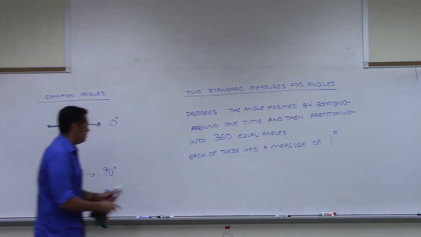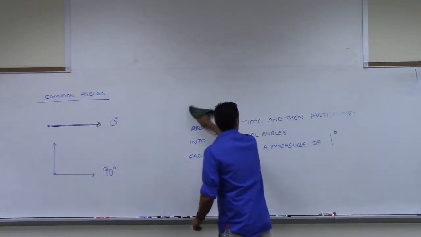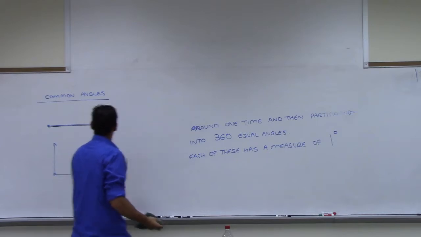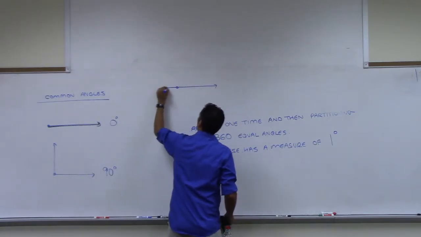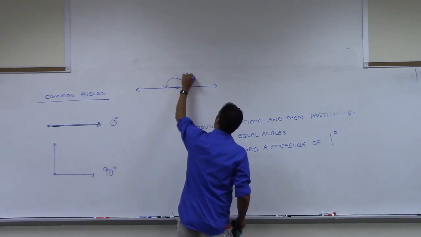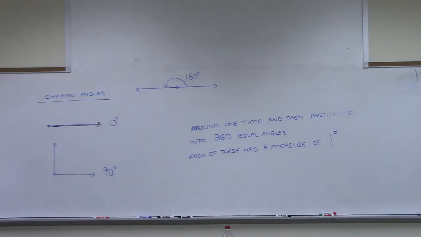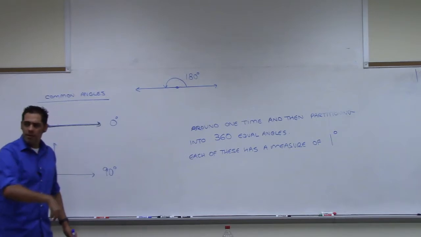And then the next one, 180? Okay, what about this one? Initial side, terminal side over here, that angle, 180. And then 270 would be pointed straight down?